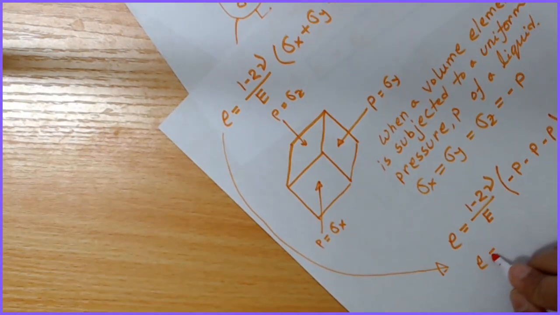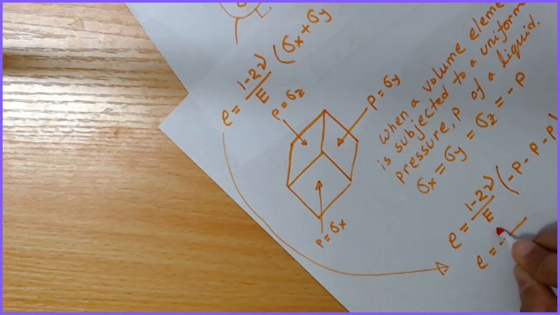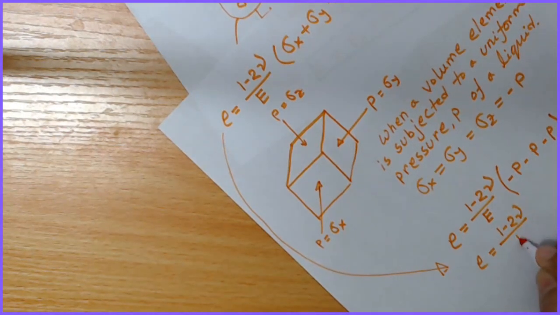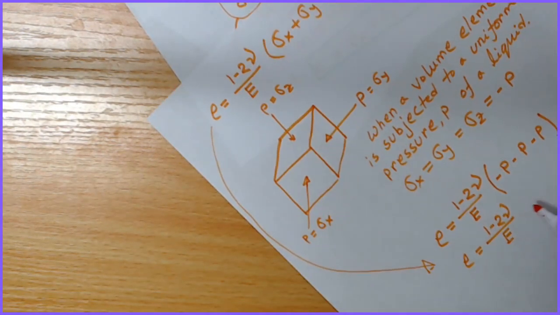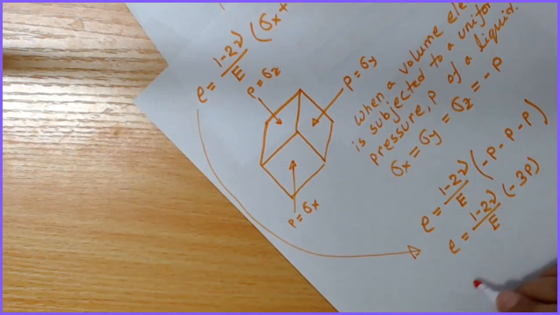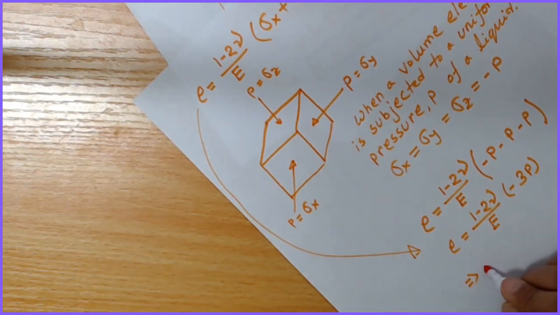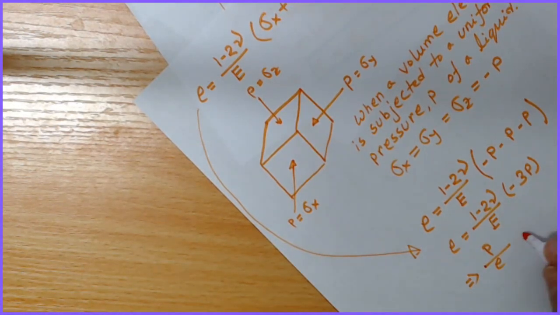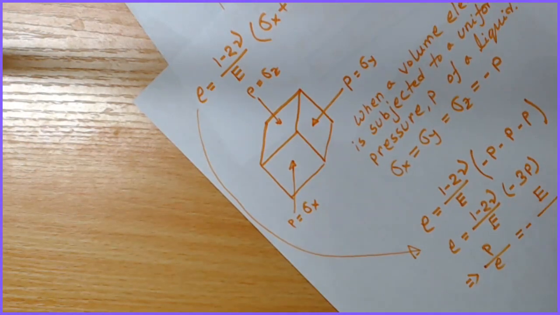So E is (1 minus 2 nu) over E times minus 3p. And if we rearrange this, we can write p by e equal to minus E over 3(1 minus 2 nu).